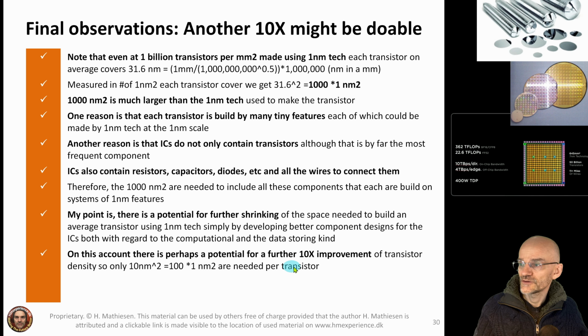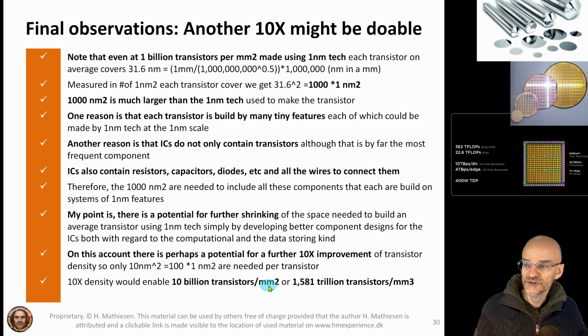So one could perhaps think that there is a further 10x improvement of transistor density, so that we on average would use 10 nanometer times 10 nanometer, or a total area of 101 square nanometers needed per transistor. That would also give us 10 billion transistors per square millimeter, or it would give us 1,581 trillion transistors per cubic millimeter for data storing ICs. But that would, in my opinion, be the absolute end for Moore's law.